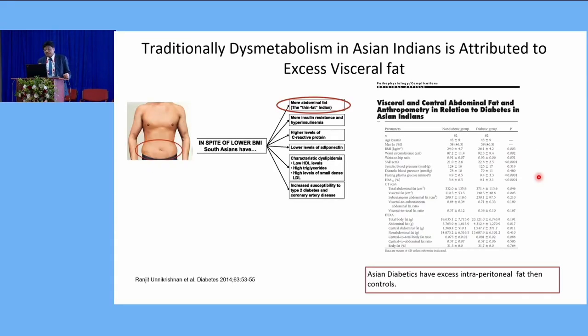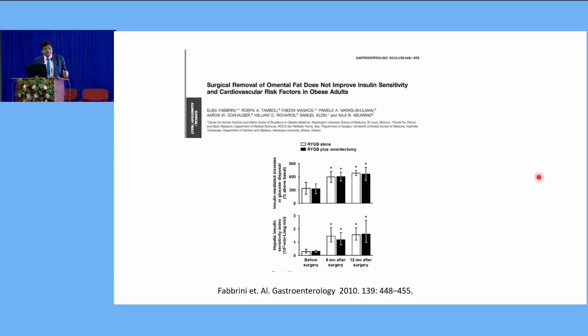And traditionally this metabolism in Asian Indians is attributed to excess visceral fat. There is excellent documentation of this association, of course from Chennai and Dr. Mohan's group. Asian Indians have more intraperitoneal fat than controls. That's why we believe they are at high risk of all the problems. But you see, so much data, world literature full of data, but a single paper has motivated us to rethink.